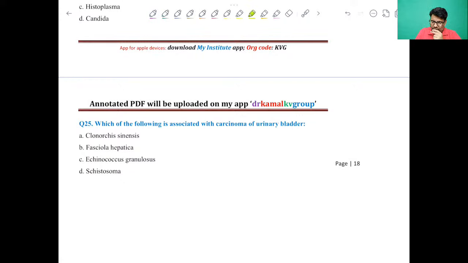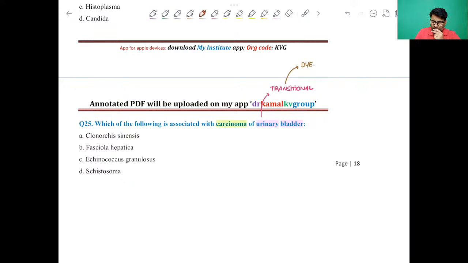Now, which of the following is associated with carcinoma of urinary bladder? Because whenever we discuss carcinoma of urinary bladder, we talk about transitional variety, which is because of aniline dyes.